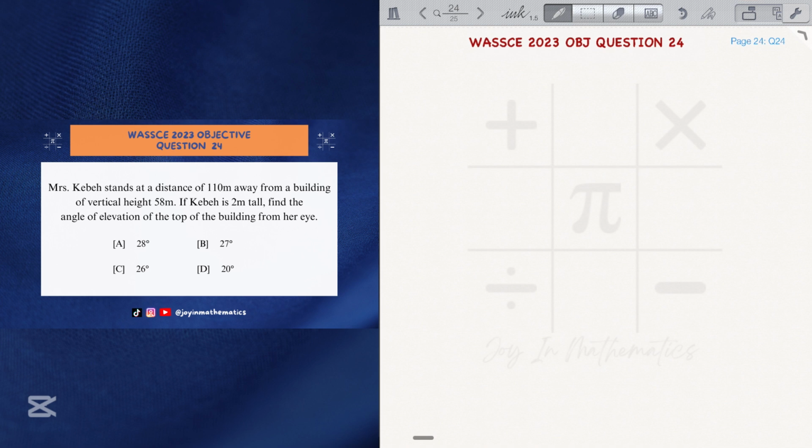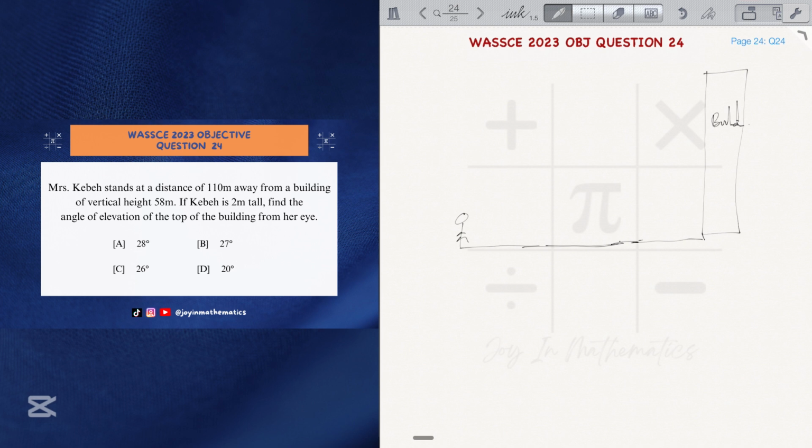So now let's represent this in the diagram. We have Mrs. Kibe here. Let's just depict something like this. She's standing at a distance of 110 meters away from the building, so let us assume this is the building.